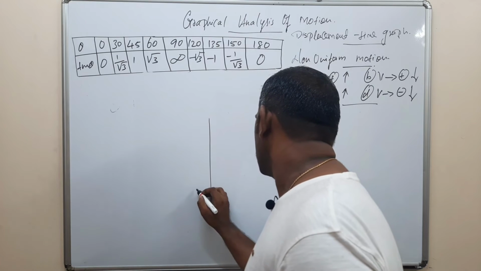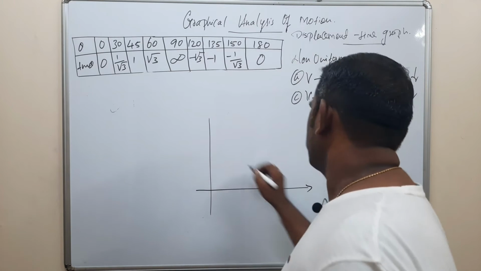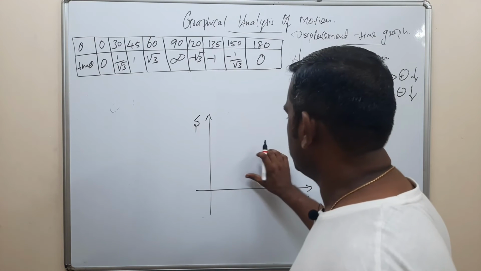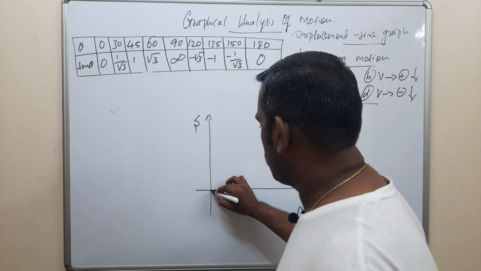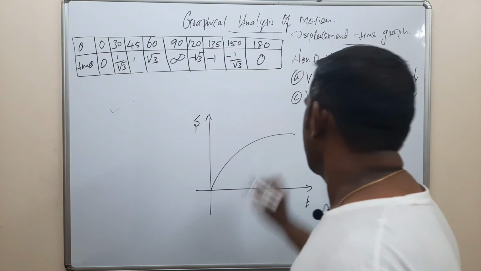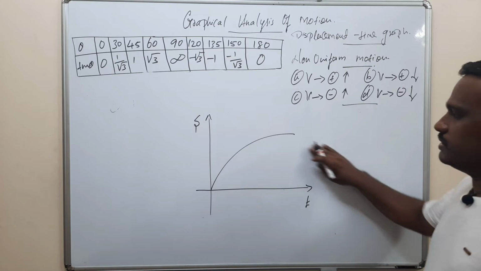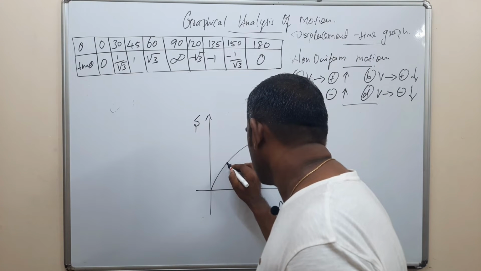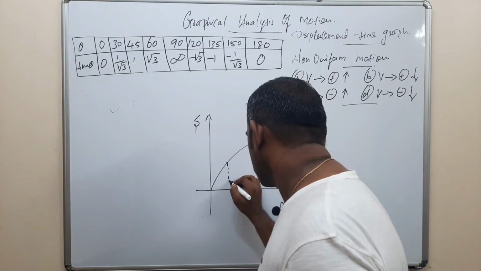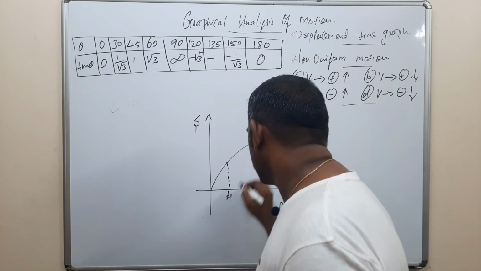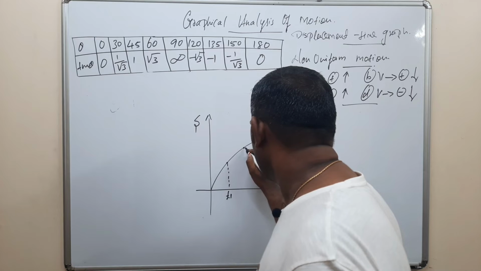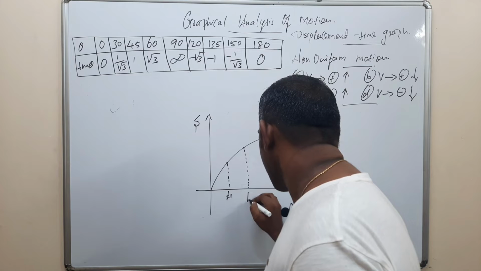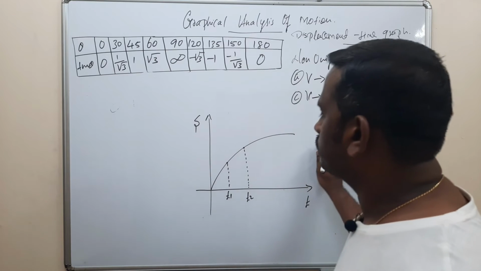It is the displacement time graph. So this is the curve, with this point T1 and T2.